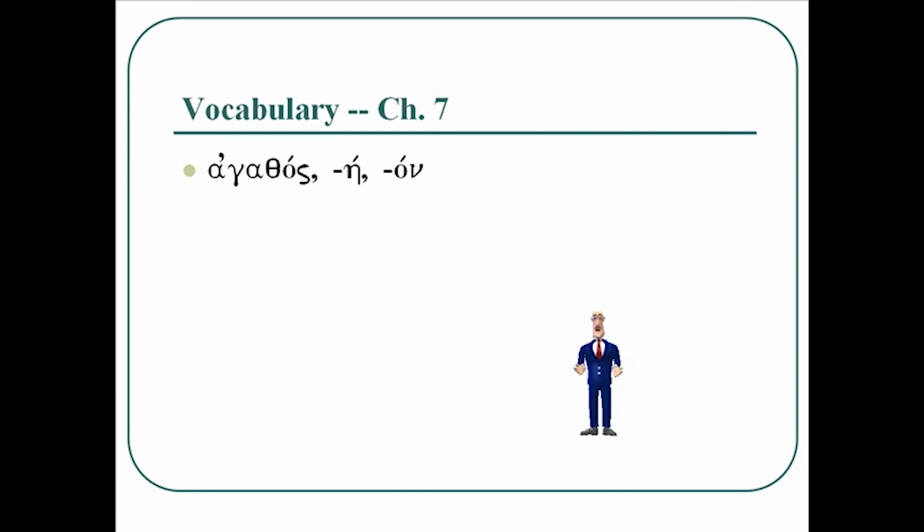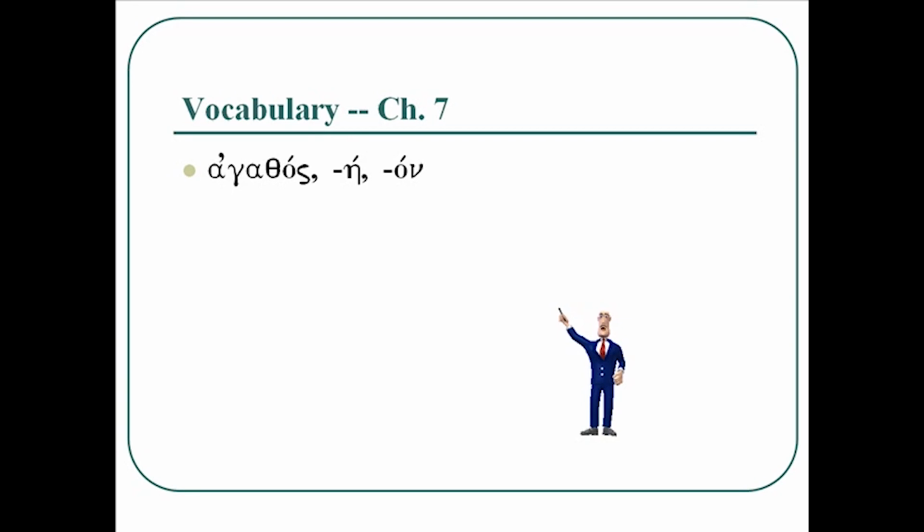And now for the vocabulary of Chapter 7. Agathos, e, on. The agathos is the masculine form. The e ending indicates the feminine ending, and the on ending indicates the neuter ending for this adjective.